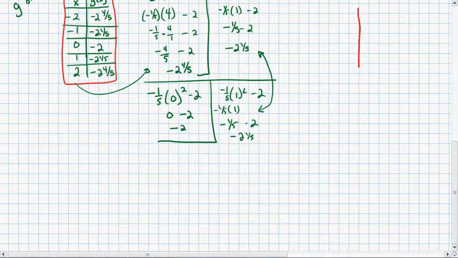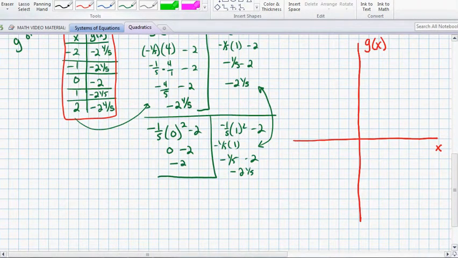All right, so here's a set of axes. And if this is my x-axis, the vertical axis is going to be my g of x axis. Now let's go ahead and graph each one of those points. We'll use blue. So -2 to the left 2, down 2 4/5. So I'm going to go down 2 and almost all the way to 3. -1, -2 1/5.